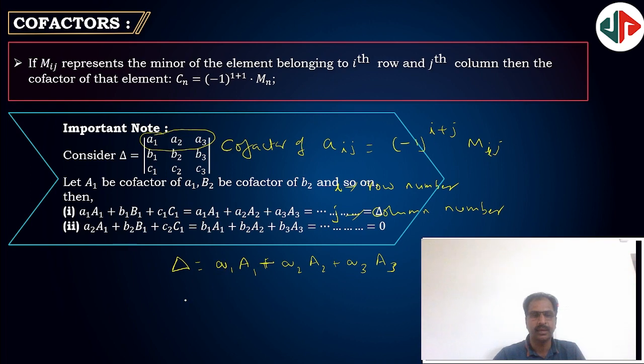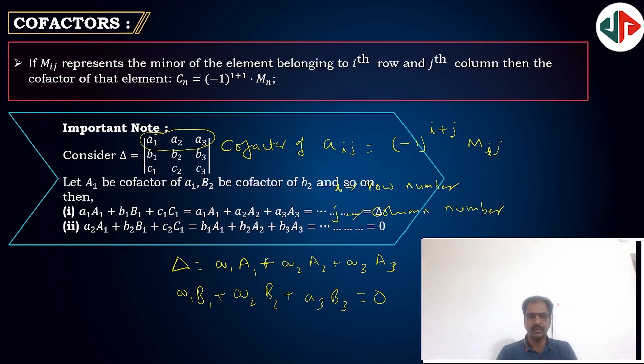Suppose you take the first row elements and multiply with the cofactors of the second row elements. The second row elements are B1, B2, B3, and the cofactors will be capital B1, and so on. I am taking elements from the first row, but multiplying with cofactors of the second row. In that case, this is not the determinant. This value will be 0.